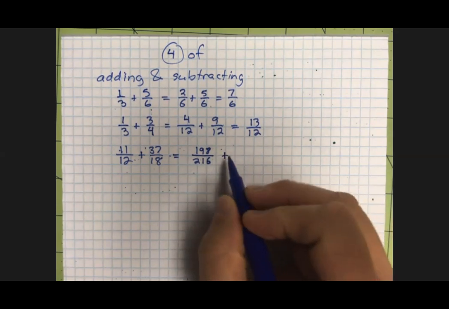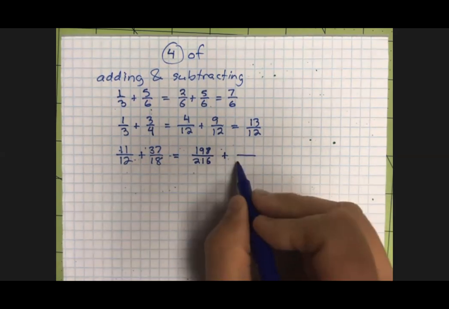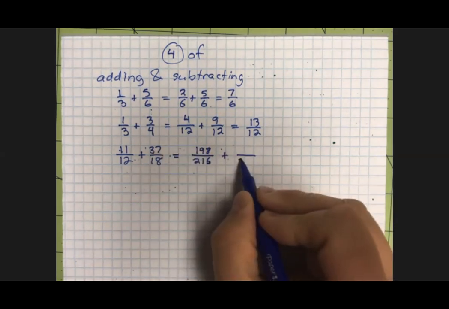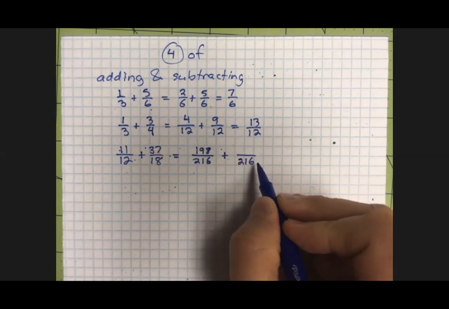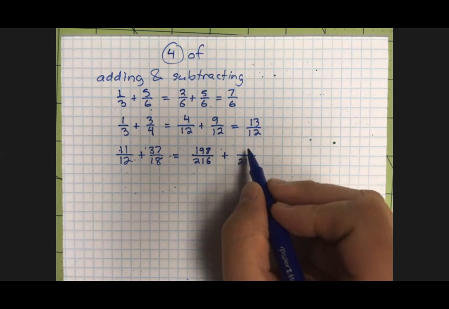Okay, now let's multiply 12 times 18 again. For this common denominator, multiply top and bottom by 12. Give me a 216 on the bottom. And then what's 37 times 12? Oh, I gotta think about that. 7, 1, 3, 13, 43.